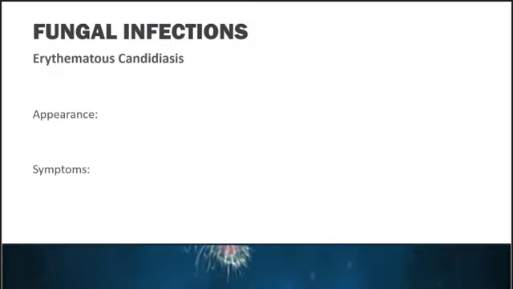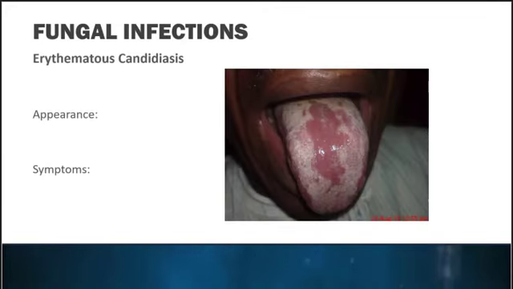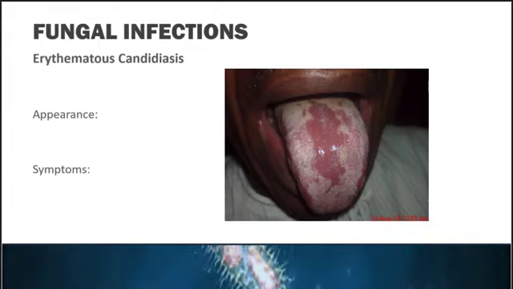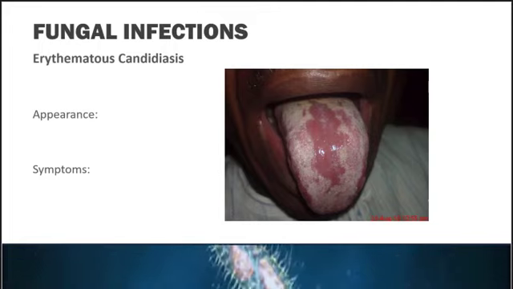Okay, moving on to erythematous candidiasis. With this one, the patient will have a painful erythematous mucosa, which may be localized or generalized. When they have this on the tongue, we would see an irregular, patchy depapillation, which could easily be confused with geographic tongue. So we have to go back to which one is the more likely condition.